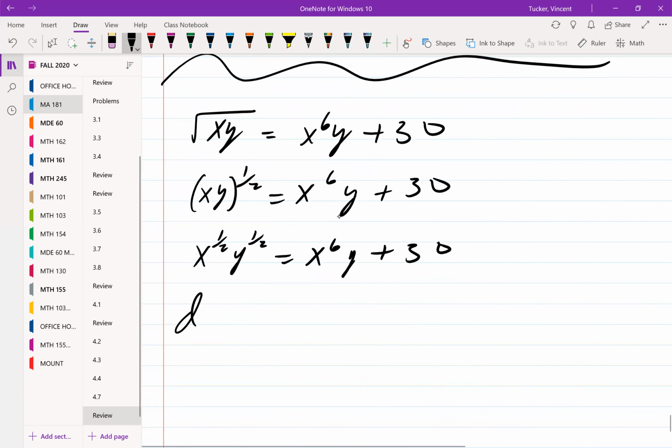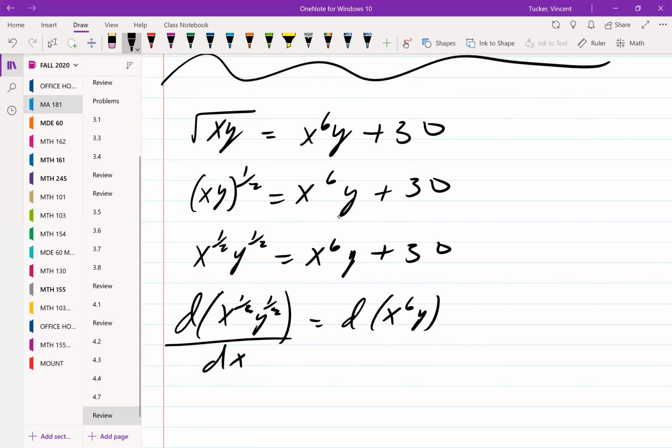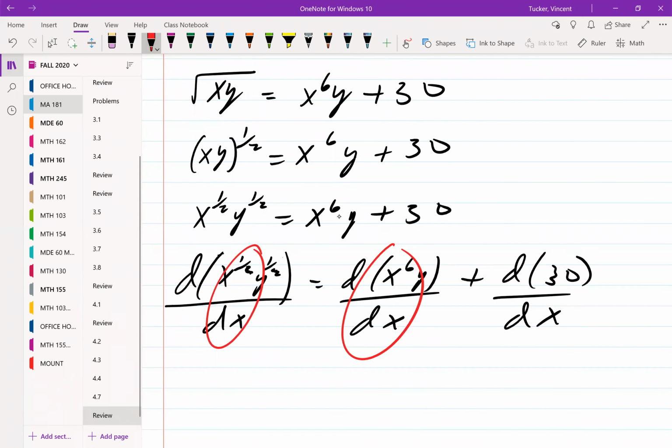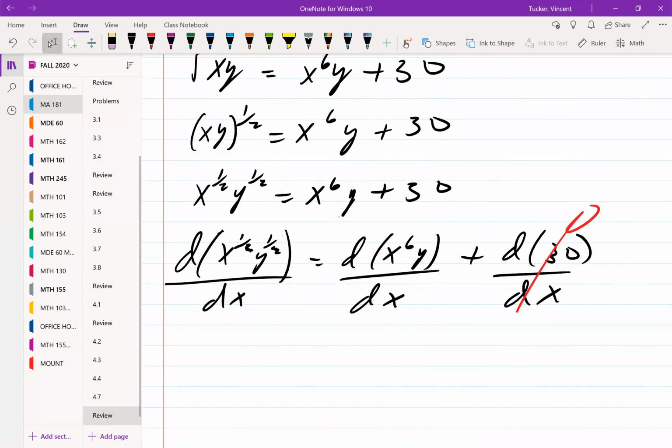Like I said, you're going to apply the derivative with respect to x to each piece. In both of these cases, we have to do the product rule. And of course, the derivative of any constant is 0. So the derivative of 30 with respect to x is 0.